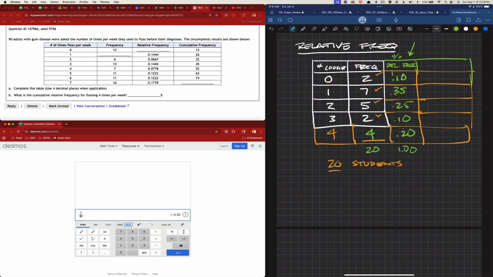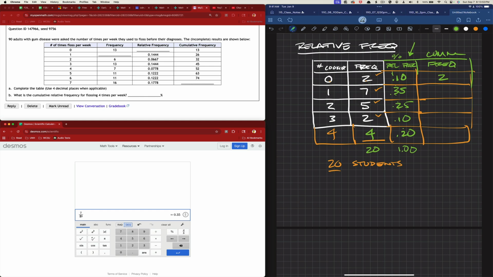Good. What is cumulative frequency? Well, cumulative frequency is just the frequency of this value plus all the ones less than it. So that's why the first one would be 2, cumulative frequency.